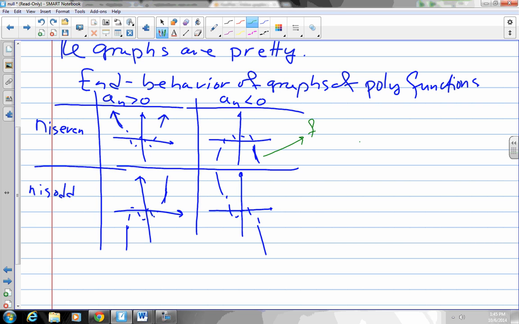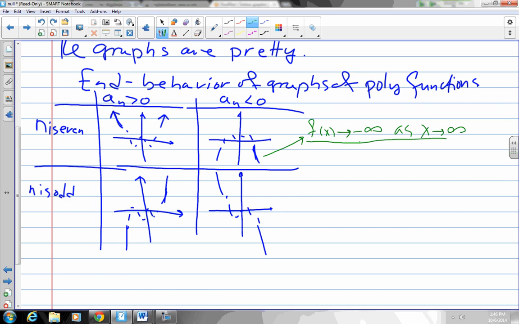You can say f of x goes to negative infinity. This is a notation to show where it's heading as x approaches positive infinity. So as x moves in a positive direction, the y values go in a negative direction. That's what this tells me.